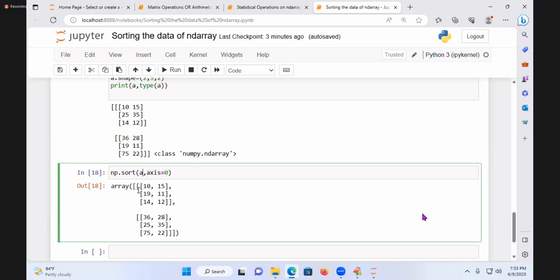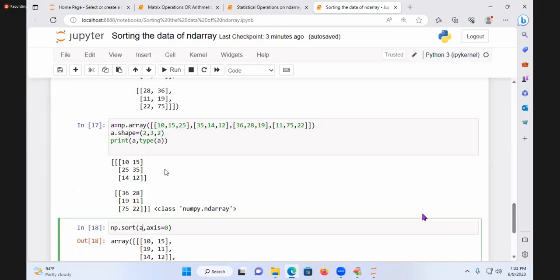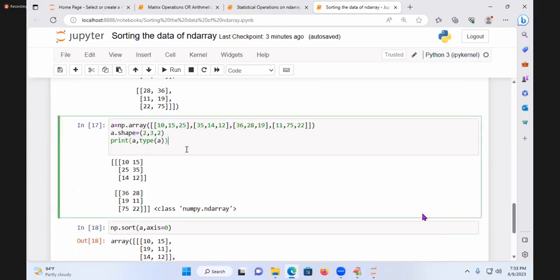It is giving 10, 19, 14. 10, 15, 19. What order is it coming? 15, 11, 12, something different. One minute more. This is done.